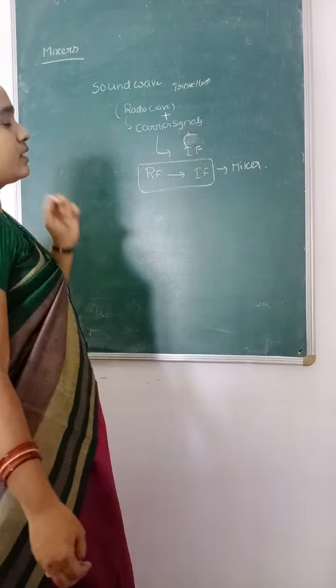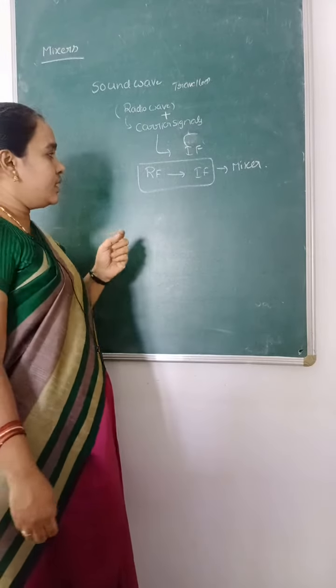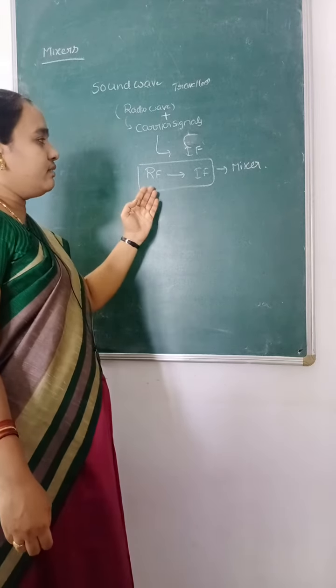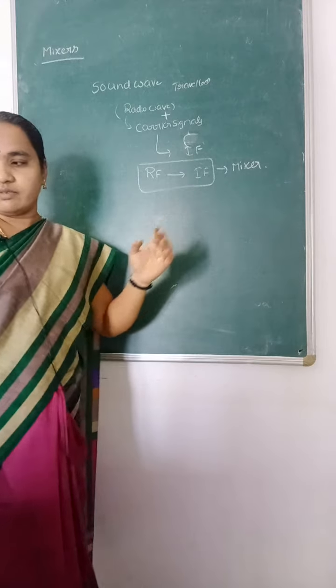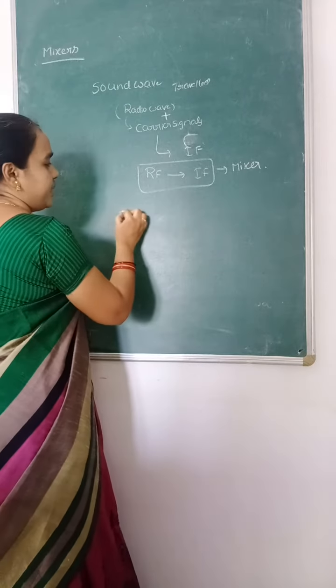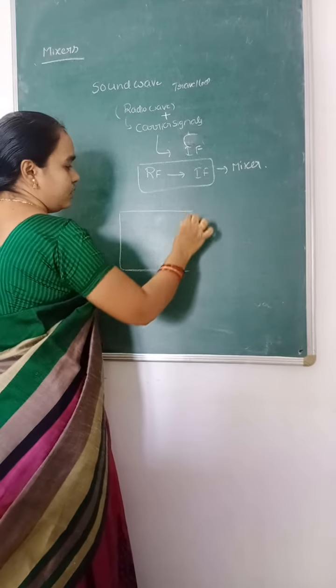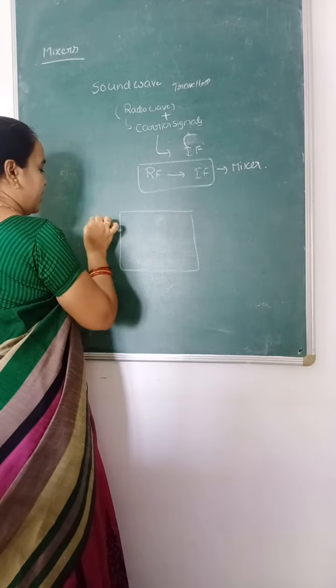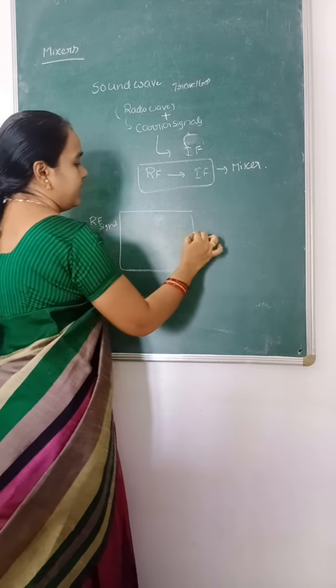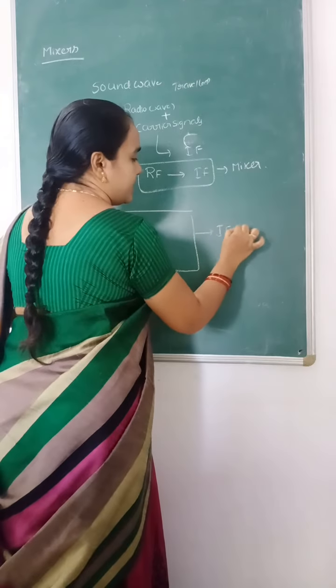Mixer circuits are the communication electronic circuits which are used to change the frequency from radio wave frequency to intermediate frequency. For any mixer circuit, we will have two inputs, the radio frequency signal and the signal from the local oscillator, and the output is the intermediate frequency signal.